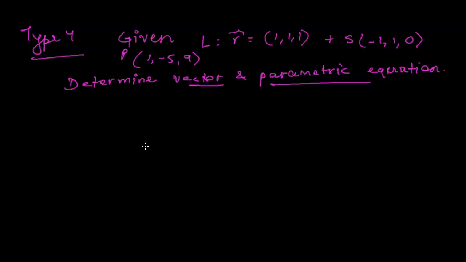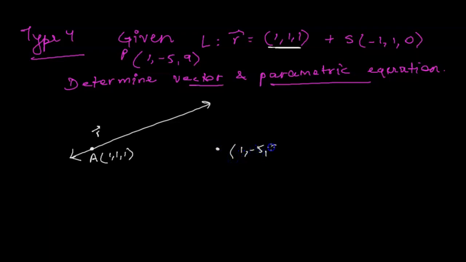Let's first understand this with a diagram. Let's say we are given this line that is represented by vector r. Because this represents a point on this line, let's call that point A. Therefore, the coordinates of this point will be 1, 1, 1. And we are given another point 1, negative 5, 9, called point P.